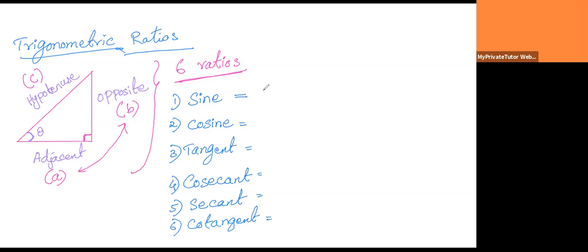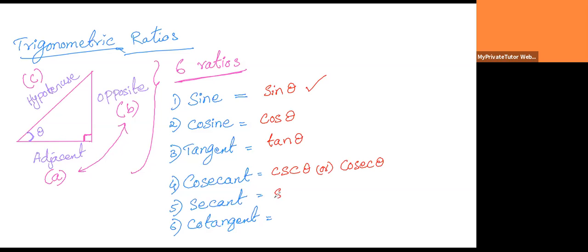Sine ratio, we write it as SIN, sine angle. For example, sine A, sine B, or sine theta. Cosine, in a sense, cos theta. Tangent is nothing but tan, T-A-N, tan theta. And the cosecant is nothing but CSC theta, or else you can also write it as COSEC, cosecant theta.